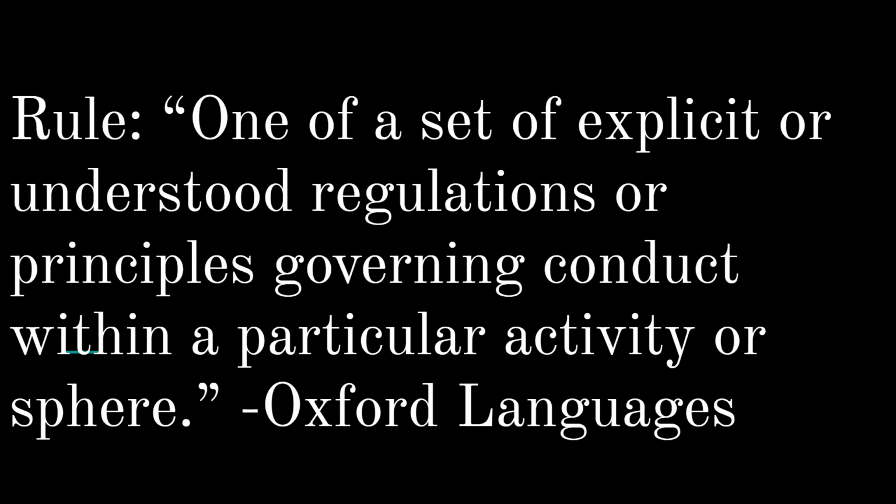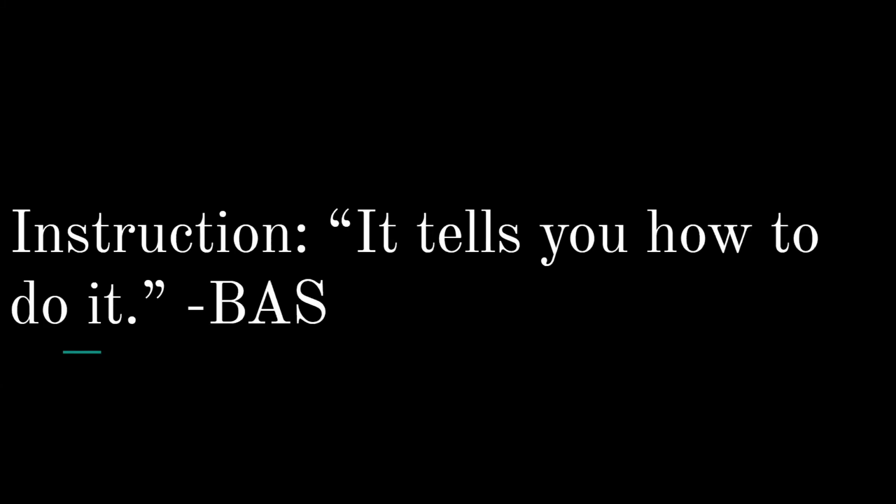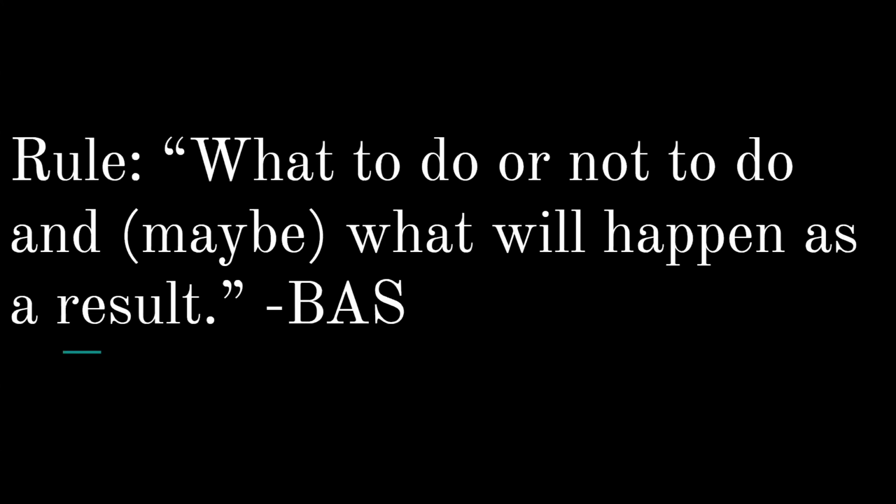I'm sure you listening have an idea of how to discriminate: instructions do this, rules are different because of that. We can discuss it, but I'm just going to boil it down like this. An instruction tells you how to do something. A rule is what to do or not to do, and hopefully stated, but it may not be, what will happen as a result, the contingency.